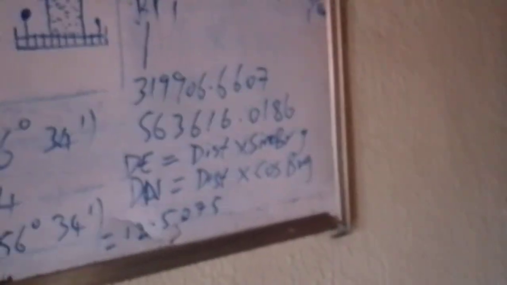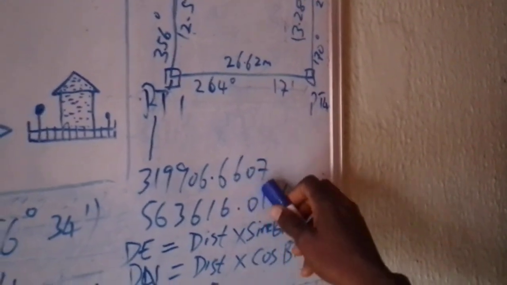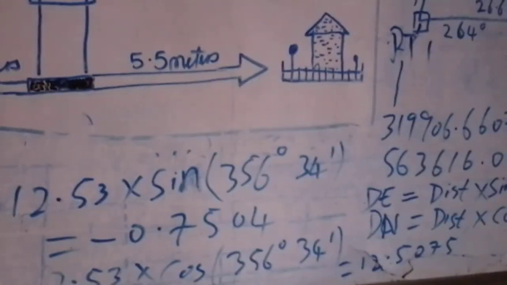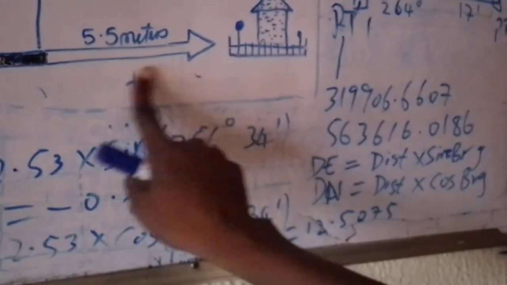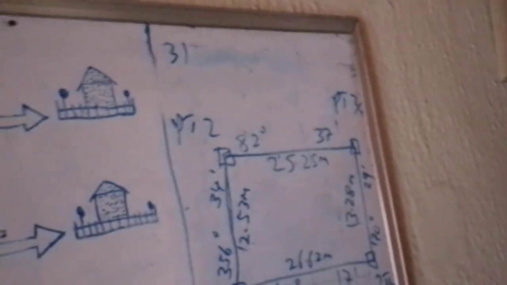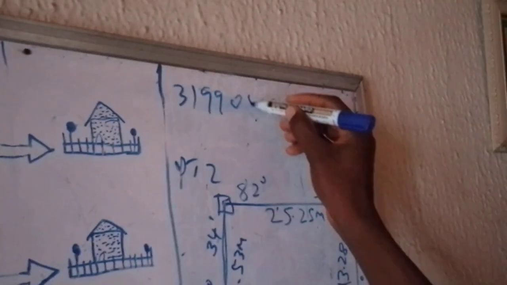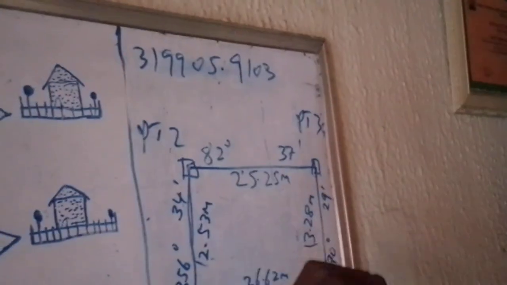So how do we compute the coordinate of PT2 now? We press our calculator and type 319,906.6607 plus minus 0.7504. So what do we get? We get 319,905.9103, right?